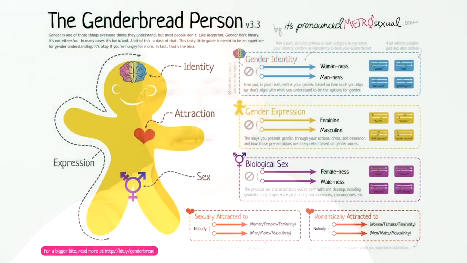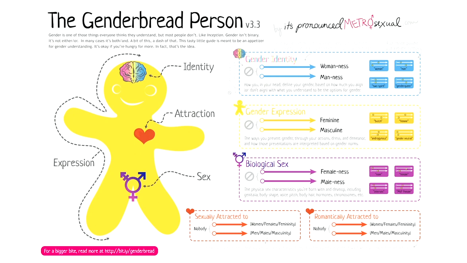And it's a graphic that was developed to attempt to depict all the components of diversity that exist within this realm. And so what we have is this figure, and if you look at the figure on the left, the gingerbread person, we have areas of anatomy here where particular aspects of that individual self are represented. So in the mind, we have gender identity.